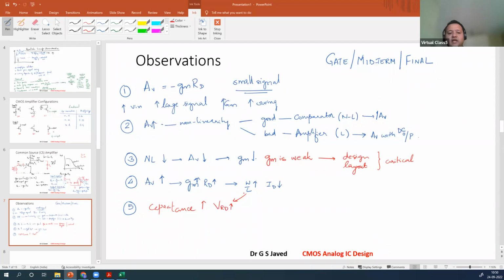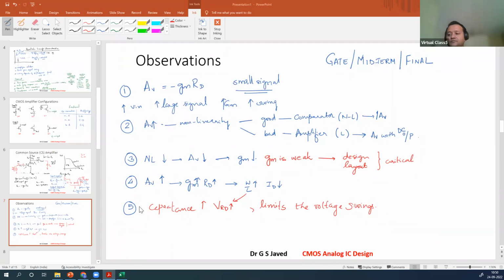And this higher VRD will limit the voltage swings, right? So these are the 5 observations that we have when you're working with a common source amplifier.